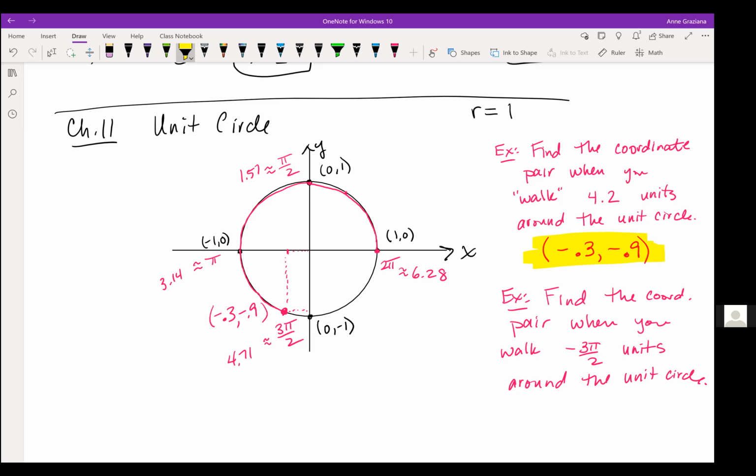All right, so I'm just going to pick a different color here. Let's pick green.